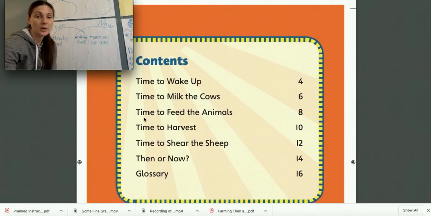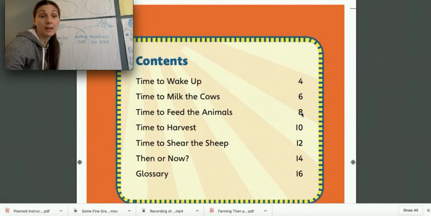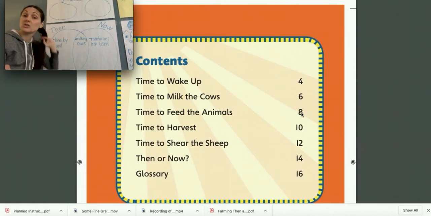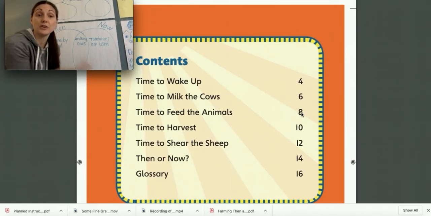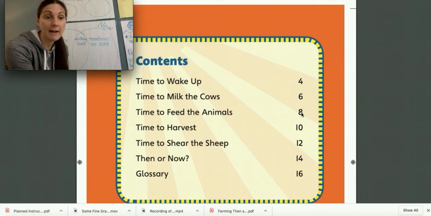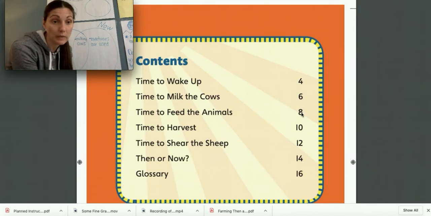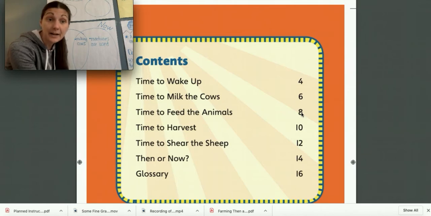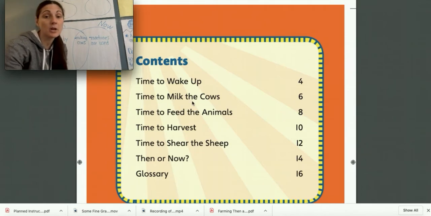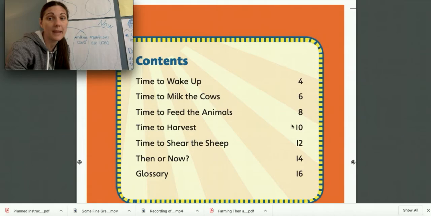And I'm going to go to time to feed the animals. Now, if you don't want to do time to feed the animals and you'd rather do another topic, then you certainly have that option. But you're going to have someone at home read the other section with you if you can't read it on your own. Or you can bring up the other recording that's in our Google Classroom of me reading the entire text to you. Okay, so I'm going to go to time to feed the animals on page 8.